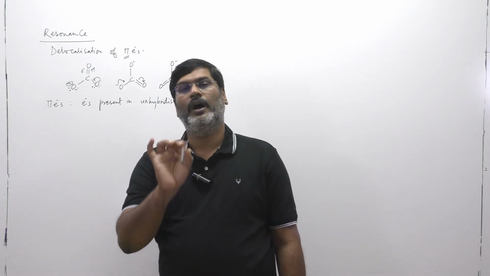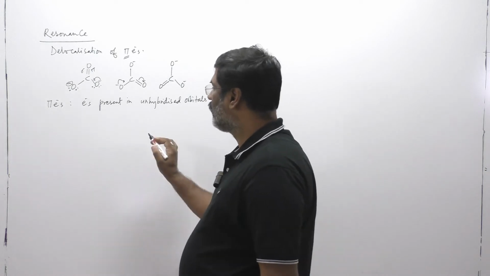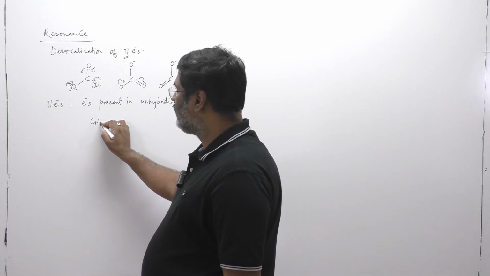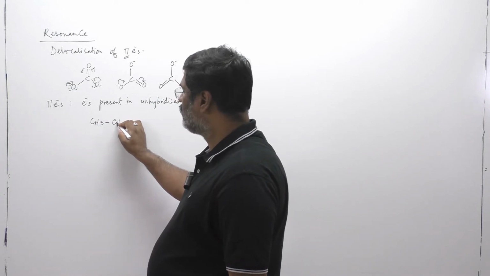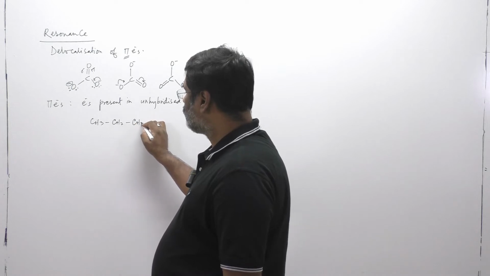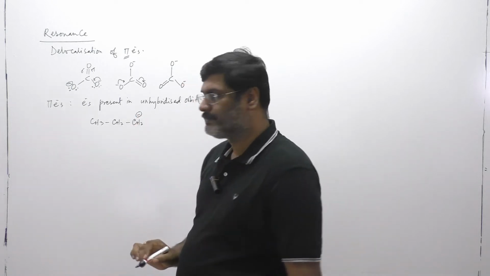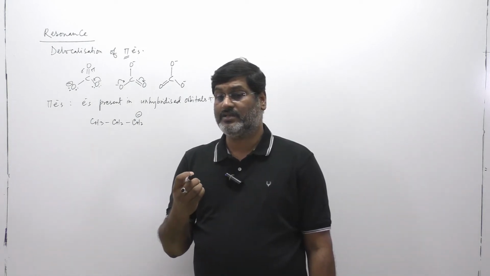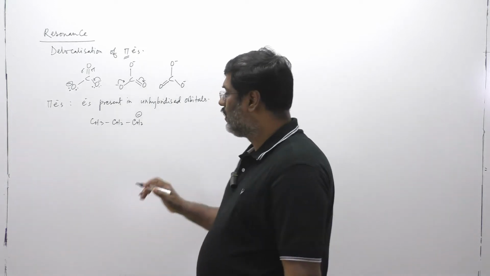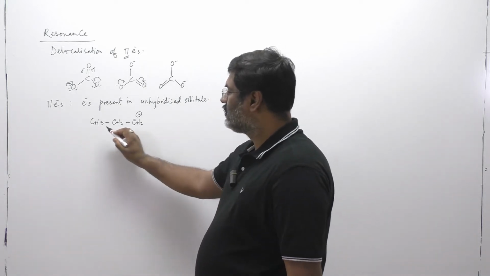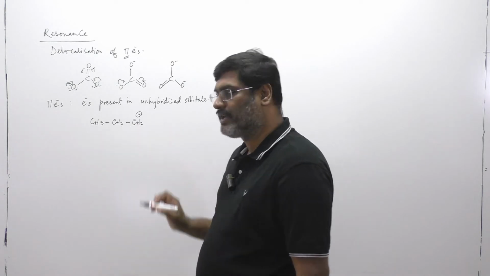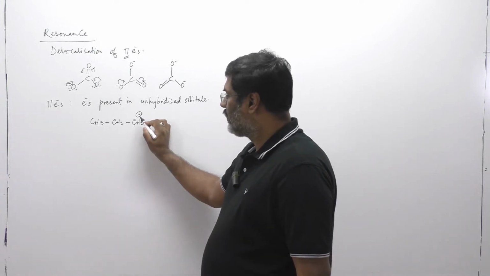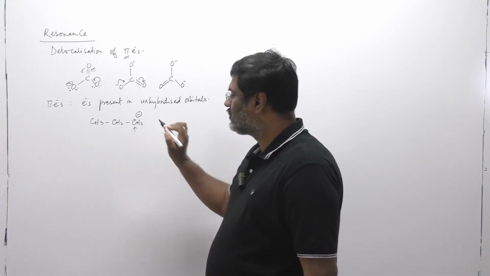I am giving another good example. Okay, you will understand this one. When we write here CH3, CH2, CH2 minus, we try to know the hybridization. Listen to this concept very carefully. When we write like this, CH3, CH2, CH2 minus, with the negative charge present here, what is the hybridization of this carbon atom?